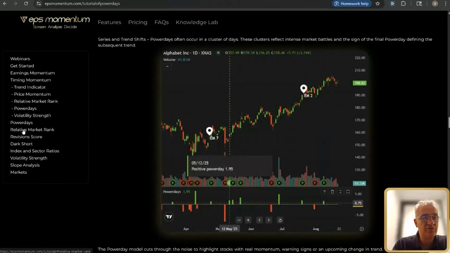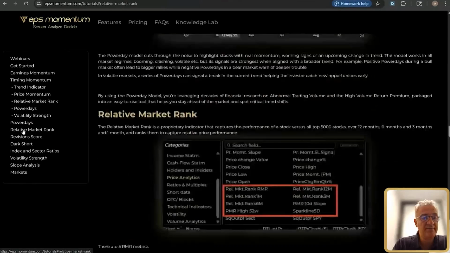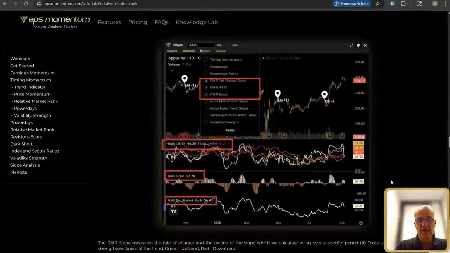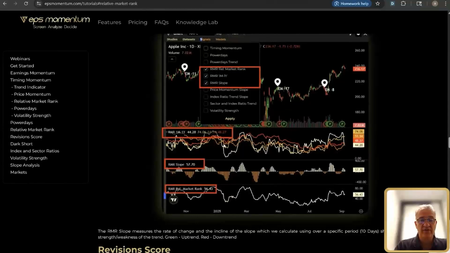And here I can go into relative market rank. What we're doing on the relative market rank is the equivalent of the relative strength. We look at the 1 month, 3 months, 6 months, 12 months, and then we create a composite, which has a combination of the 1, 3, 6, and 12. And then we have the ability on the chart to paint a picture of it.